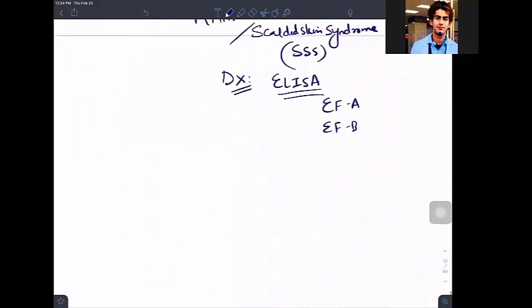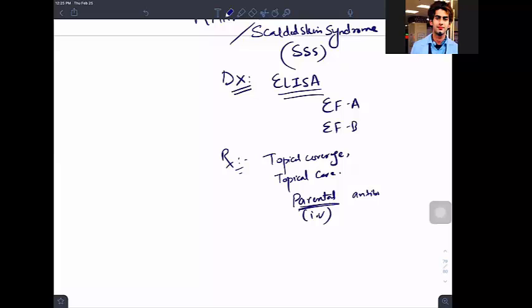So after that, how will you treat the patient? You will give topical care, and you will start IV parenteral antibiotics. Parenteral means IV.